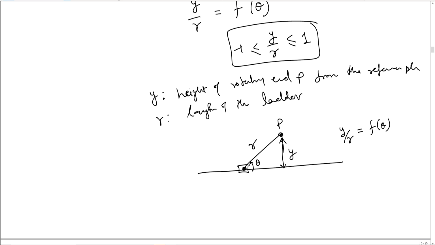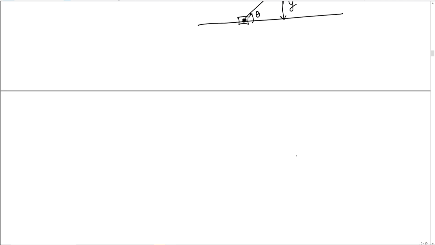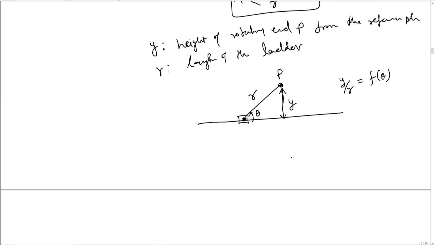And we also know how this function behaves. This function starts its value at 0, because initially y by r is 0, then it increases to 1, and then it starts decreasing, comes to 0, then decreases further to minus 1, and it starts increasing again. So, actually this function looks something like this.